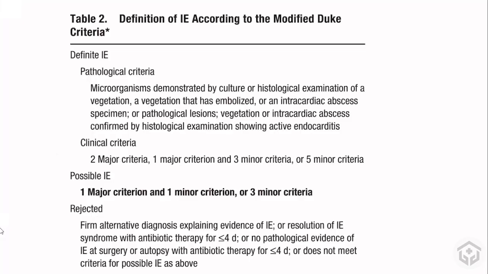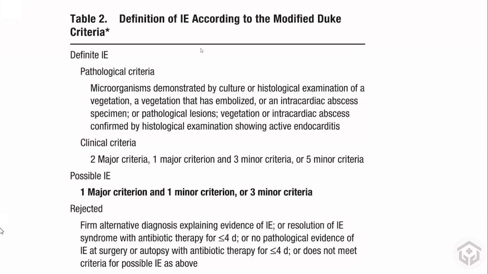For this diagnosis, that is the modified Duke criteria, according to the Duke criteria there are three different entities. One is definitive infective endocarditis, possible infective endocarditis, and if we can't tell, that is rejected, that is no infective endocarditis. There are three different categories. For definitive infective endocarditis also there are two entities.